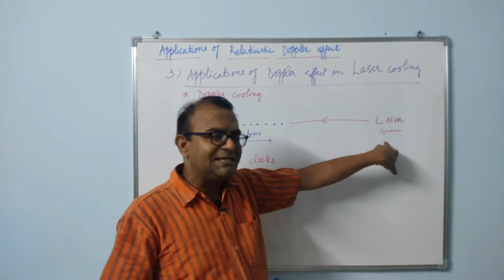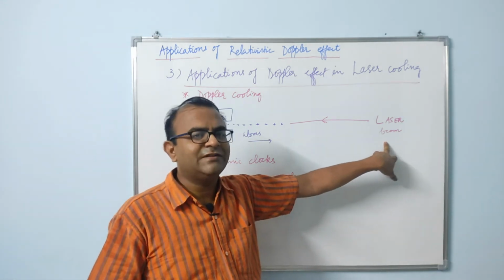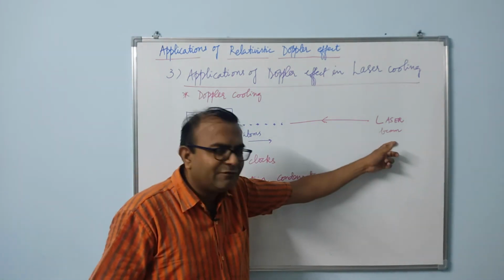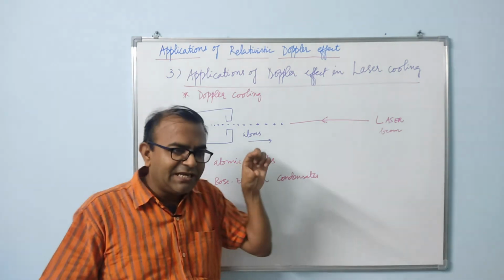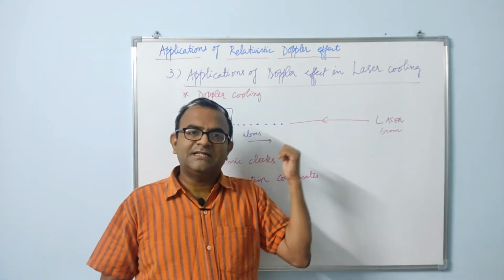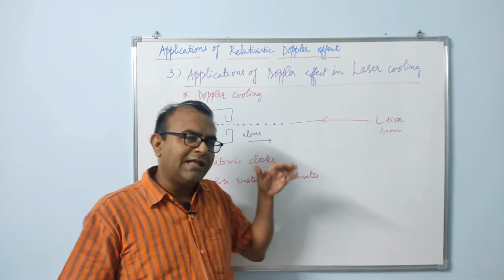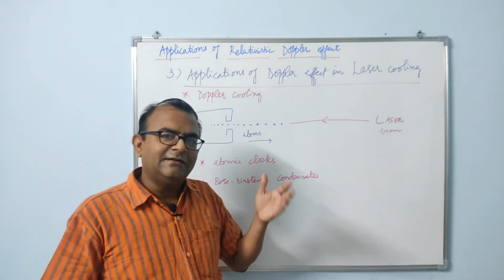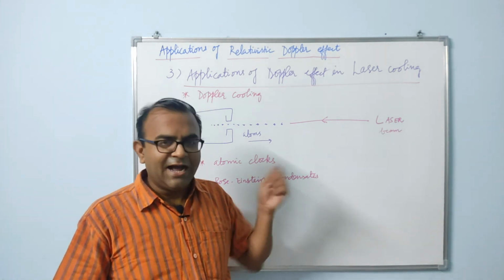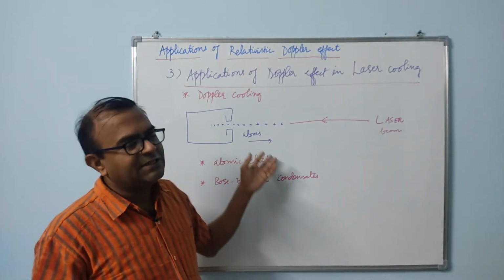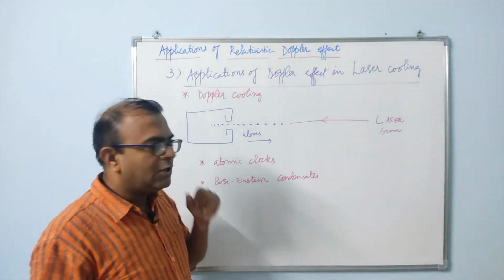So we have to detune the laser to a lower frequency so that the frequency of laser beam exactly matches with the spacing between the atomic levels in this atomic system. Therefore, that would ensure that the atoms get excited and de-excited. In the process, eventually, the atoms would cool.